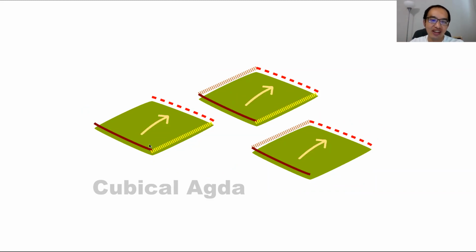For example, you can say that I want to coerce from 0 to 1, but in addition to that, I want to make sure that the yellow part is not changed at all, which means that the value of this point will be exactly the same, judgmentally the same, as this point when you are doing the transport. You can also specify multiple parts or different parts in Cubical Agda. I don't want to go into the details because this is not the variant I want to talk about today.